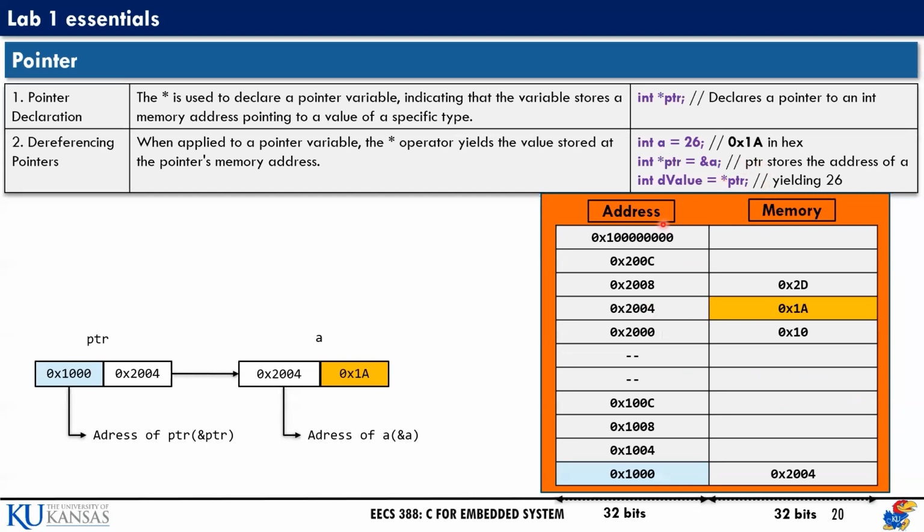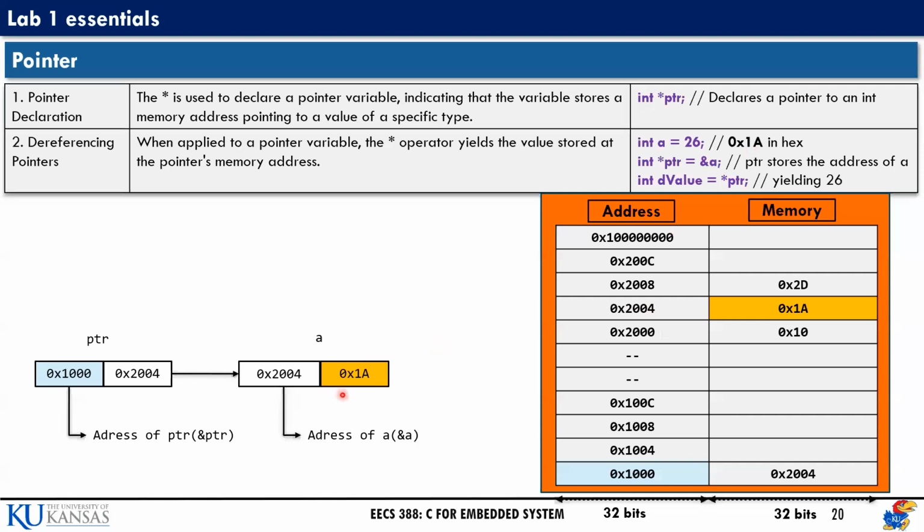So we have this single array of large memory, and we have those addresses, for example, 0x1, 002, all the way to the highest address space. And this 26 is, in hex, 0x1a. So as you can see here, this value 26 is stored in the address 0x2004.